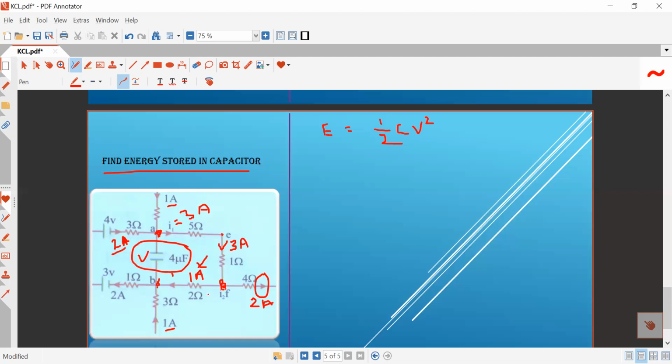And now what will be the potential difference? Potential difference is basically I into R. And potential difference means the drop in this branch plus the drop in this branch plus the drop in this branch. So the drop in this branch will be 5 into the current of this branch. Current is 3 ampere, plus the drop in this branch, 3 into 1, I into R, and then the drop in this branch, 2 into 1.